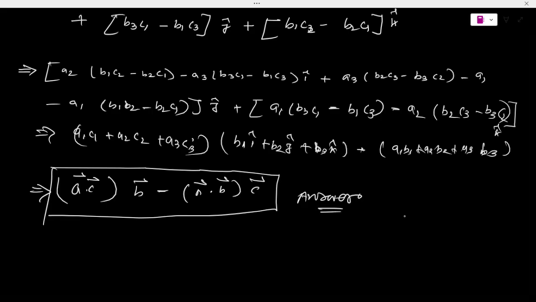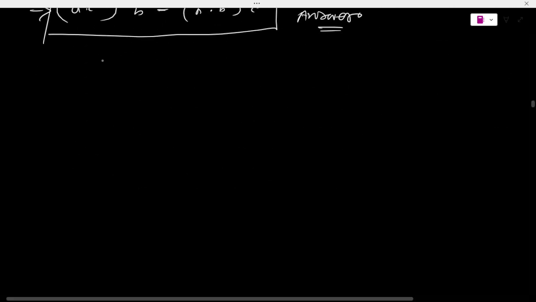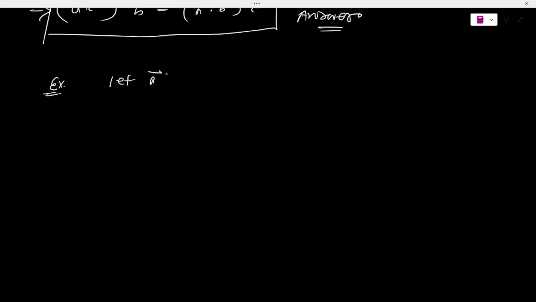Okay, so let's give an example of how you will solve it. I'm taking another example question. Let a vector equal i vector plus j vector minus k vector, b vector equal i vector minus j vector plus k vector, and c vector equal i minus j minus k vector.